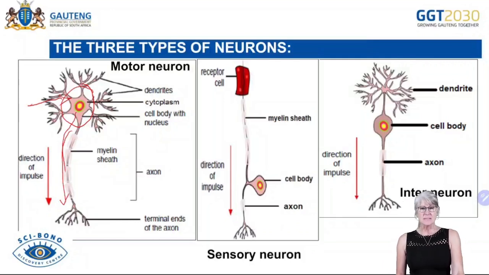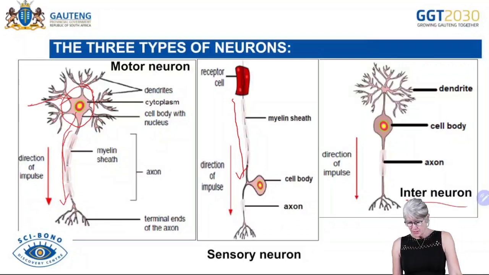It is sensitive to a specific stimulus, and as soon as it senses that stimulus, it initiates an impulse, which is carried via the dendrite into the cell body, and then out via the axon to the central nervous system. So that is when a stimulus from the environment is converted into an impulse and carried to the central nervous system.